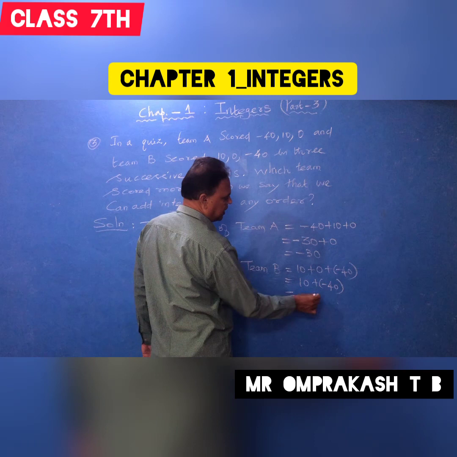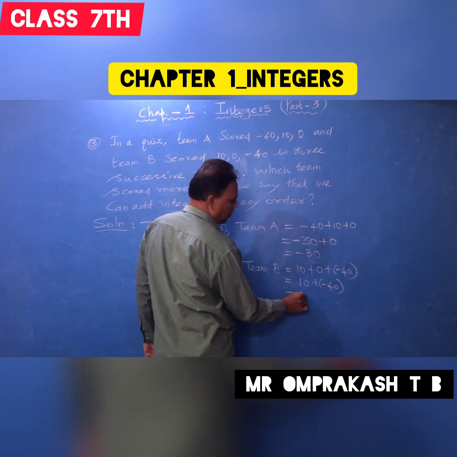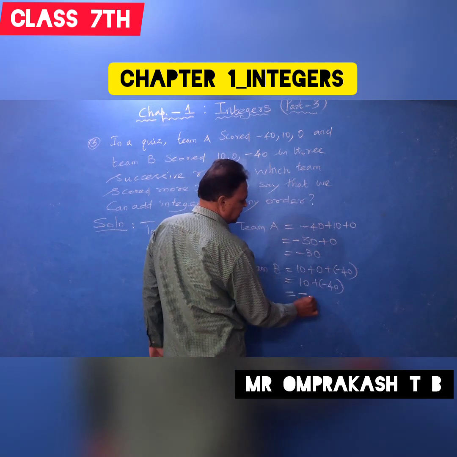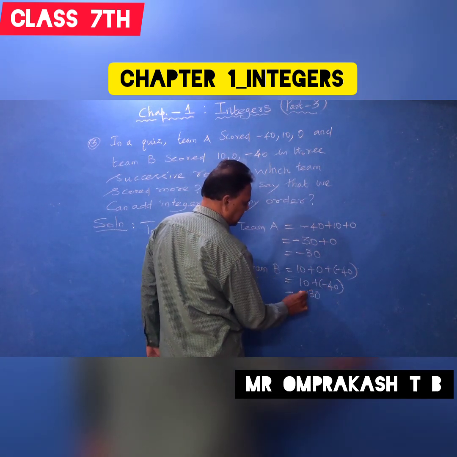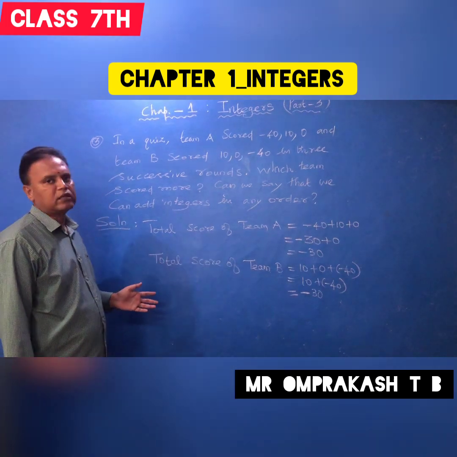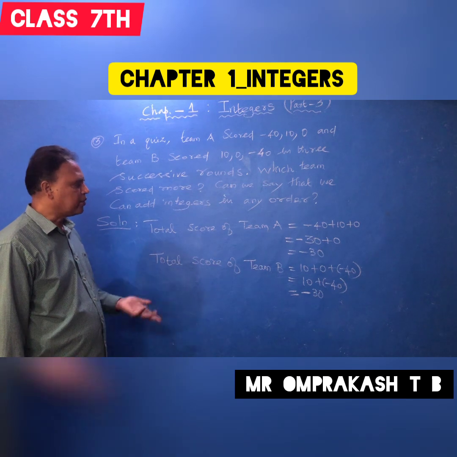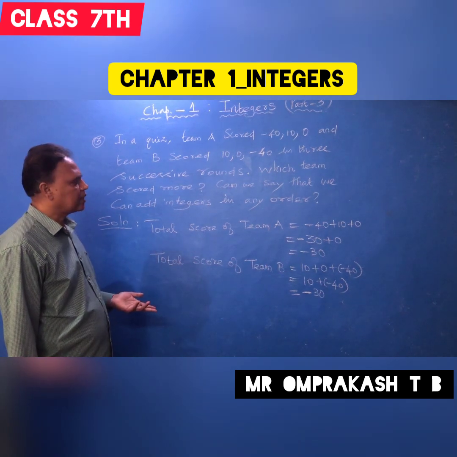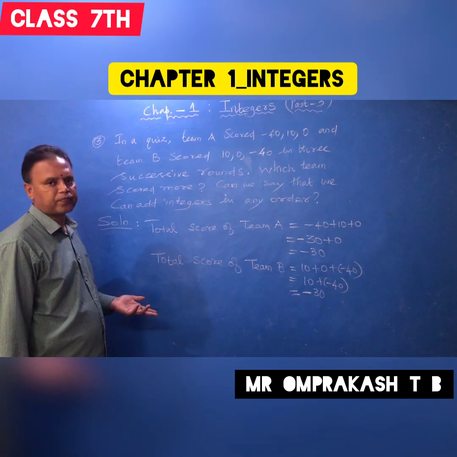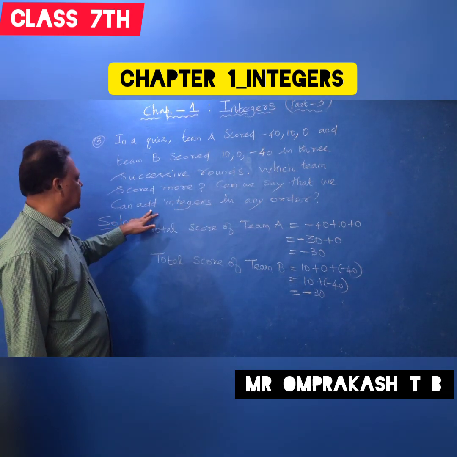Now 10 minus 40: both are different signs, plus and minus, so subtract 40 minus 10, 30. The bigger number's sign is minus, so minus 30. So both the teams scored what? The same. Clear? Both scored the same marks.